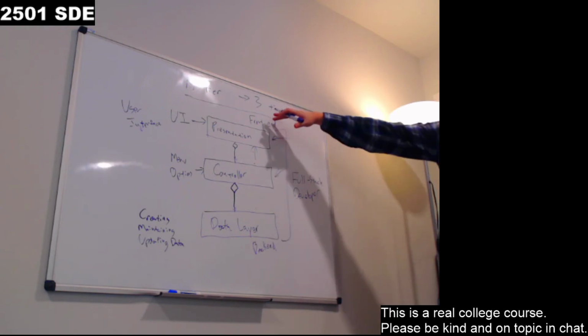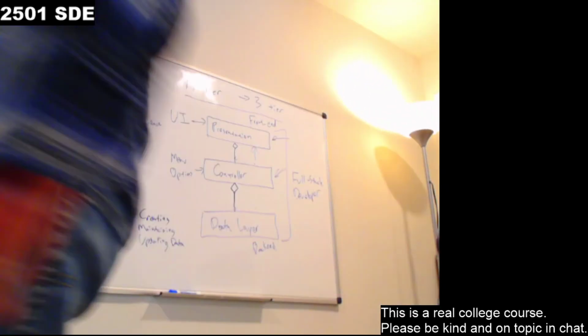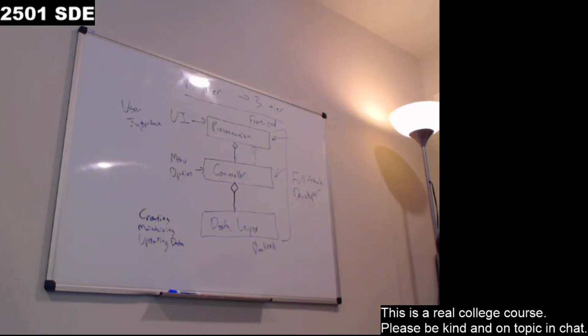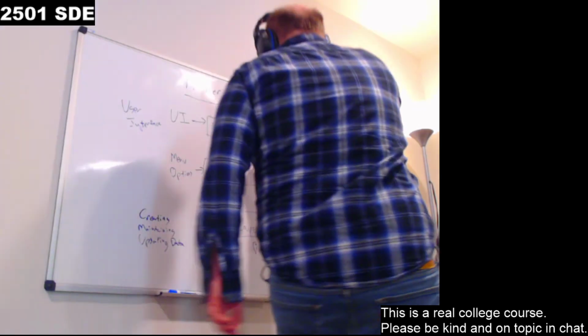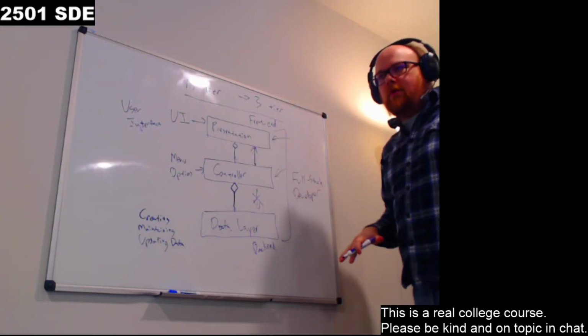But generally, we think of the presentation as the front end, the data layer as the back end. And so, if I make a change to the controller, yes, that will propagate up, but it will not propagate downward.